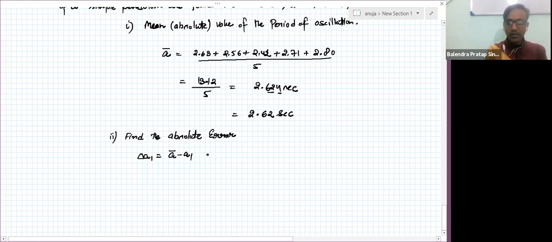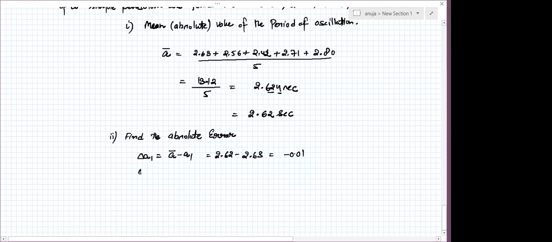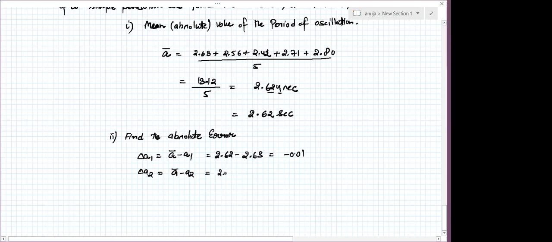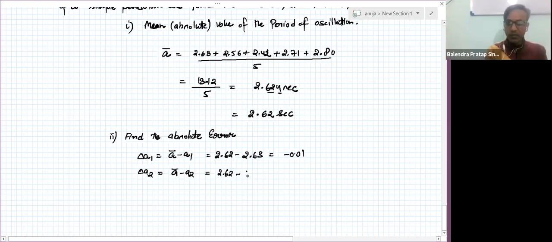Here A bar is 2.62 and the measured value is 2.63, so it's minus 0.01. Next, delta A2 is A bar minus A2, which is minus 0.06, as the measured value is 2.56. All the values are in seconds.